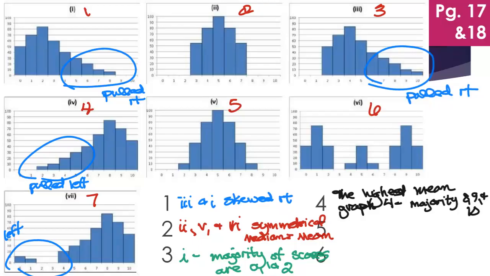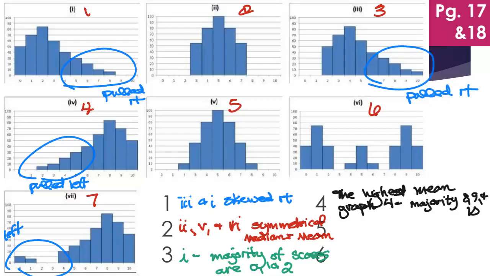How about number 5? Which histogram appears to have the largest standard deviation? Wait, what does standard deviation mean again? How spread out. So which one has the most spread out scores? 6 goes from 0 to 10.